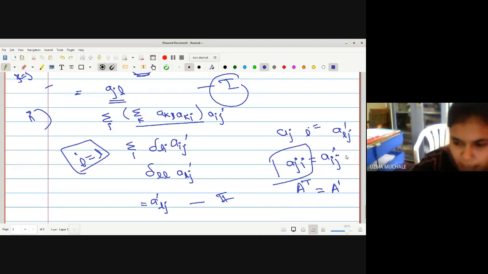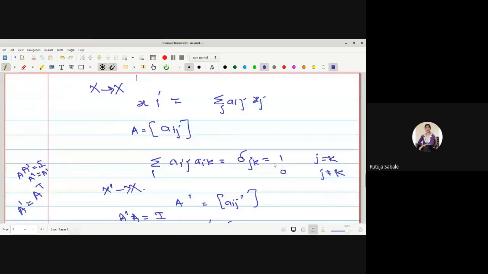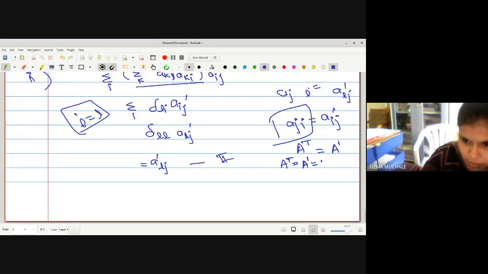And what is this A dash we have obtained here? A dash we have obtained as A inverse. So from the last theorem we can write A transpose is equal to A dash is equal to A inverse. So here we have proved this A dash is nothing but your A transpose. Hence we can write from last theorem A inverse is equal to A transpose.